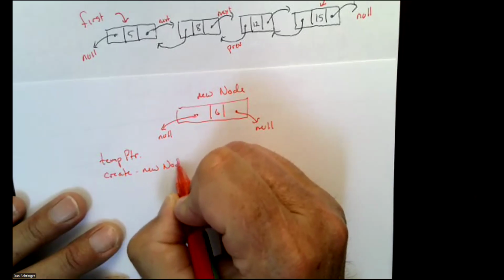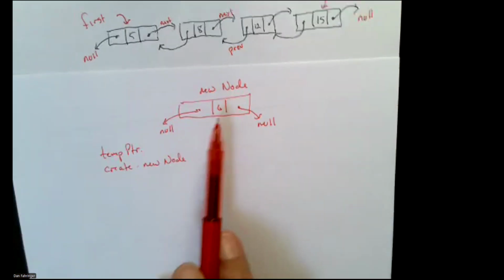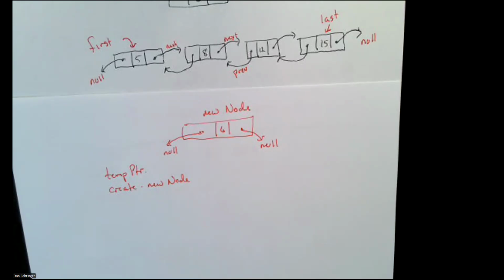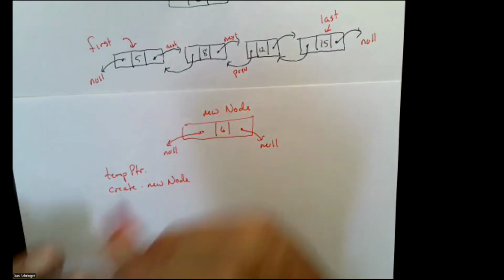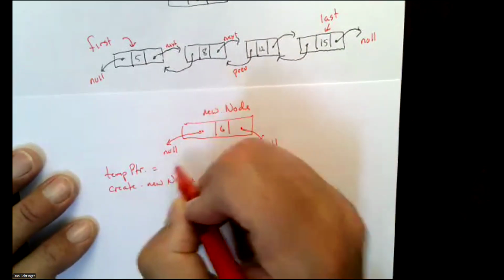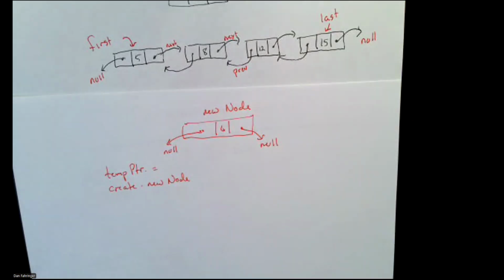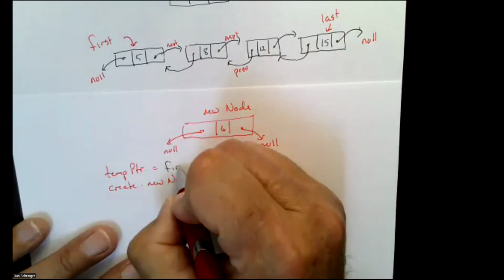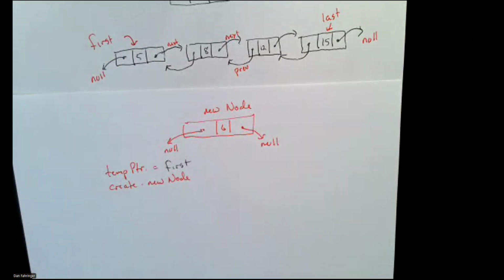Good. So my function passes a value in. I get a temp pointer. Let's say temp pointer equals what value? Yeah, the first. Temp pointer equals first.